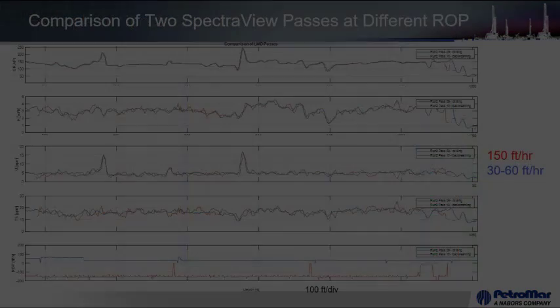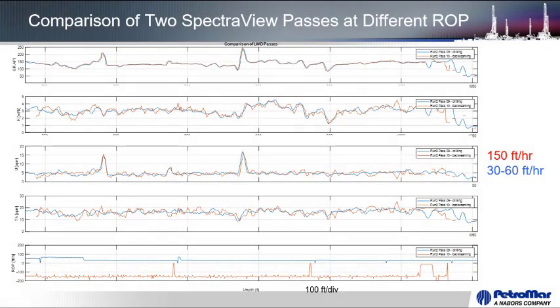In the next one, we can see a comparison of different ROPs, where we can see how the variations are on the measurement itself. For the total gamma ray, the red curve is 150 feet an hour. The blue curve is between 30 and 60 feet an hour.